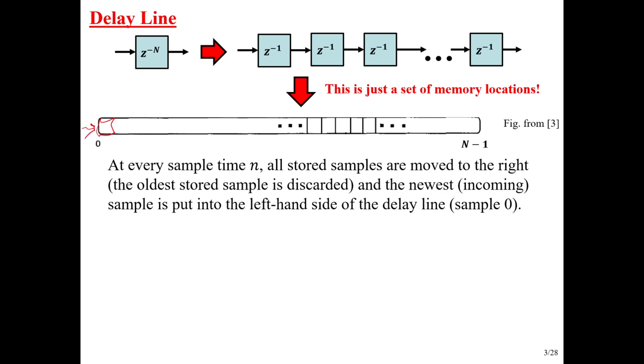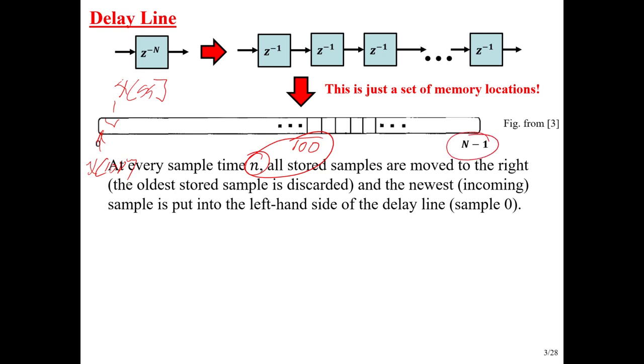So if we label these in order of the actual time, so suppose n is maybe 100, after we store that sample at x of 100, at this first position we'll have x of 100. Then in the next position over we'll have x of 99, all the way down to whatever we have.